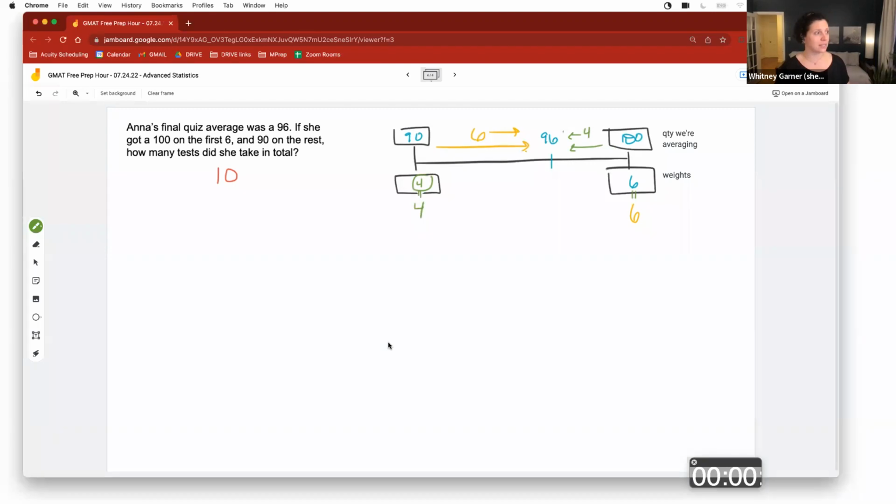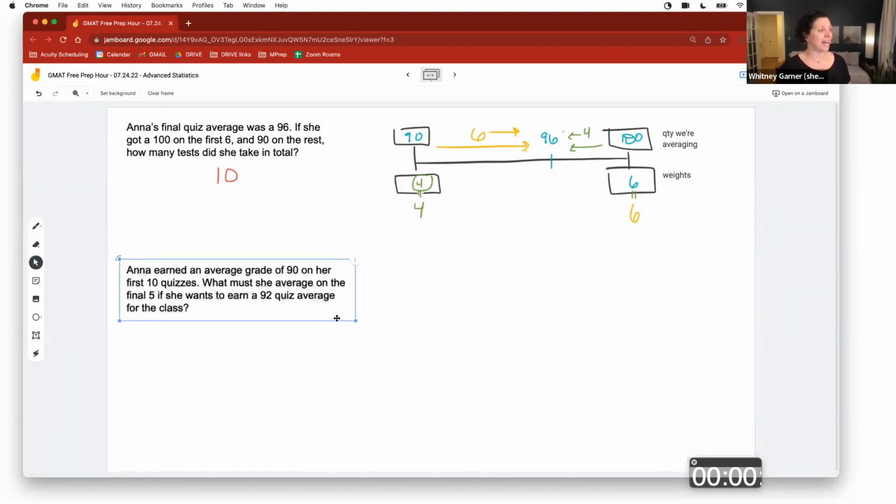So we're going to keep practicing this same thing: what happens when I know the middle and something about the ends, how do I apply this over-under to figure out a missing piece? Let's try this one.